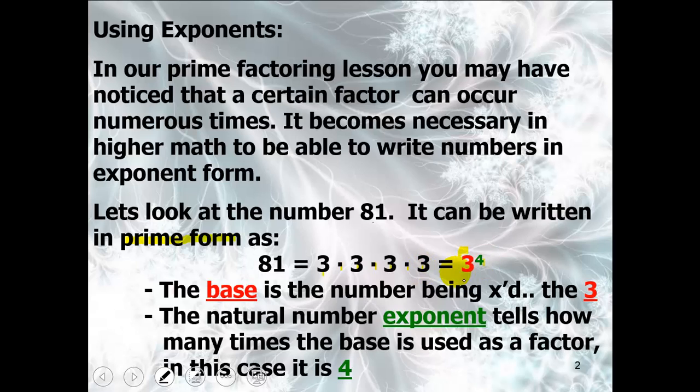The 3 is what we call the base. The 3 is the base. It's the number that is being multiplied by itself. The natural number exponent, this number in green, that's the exponent, and it tells how many times we have to multiply the base as a factor. In this case, it tells us 4. We have to multiply 3 four times.